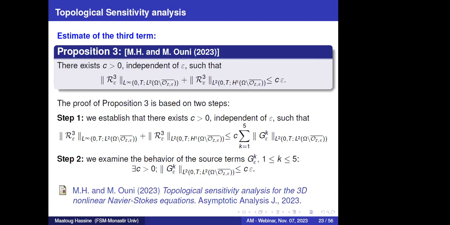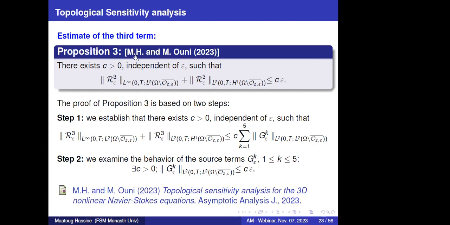For the third term, similarly, we will prove the same estimate: there exists a positive constant independent of epsilon, such that the L infinity(0,T; L2) plus L2(0,T; H1) norm is less than or equal to C times epsilon.